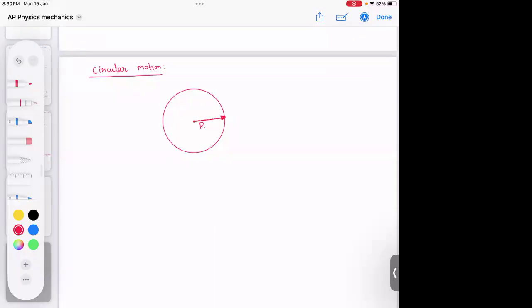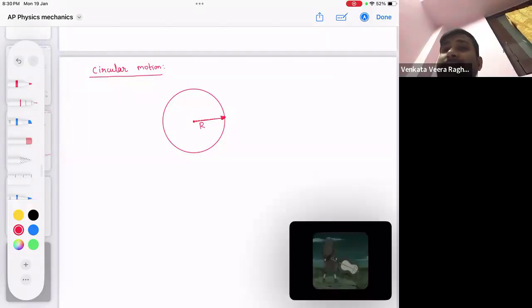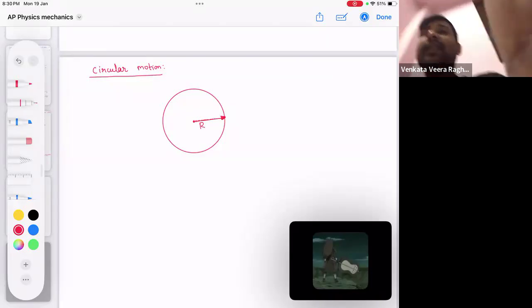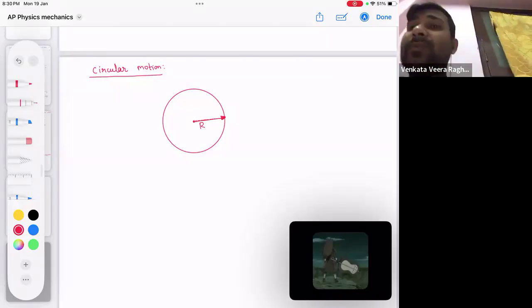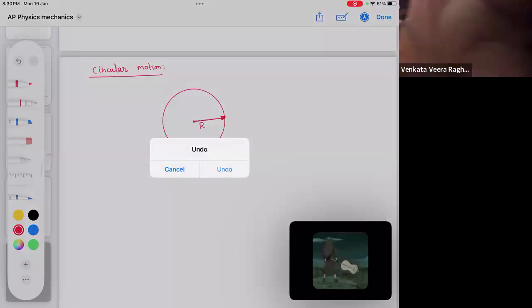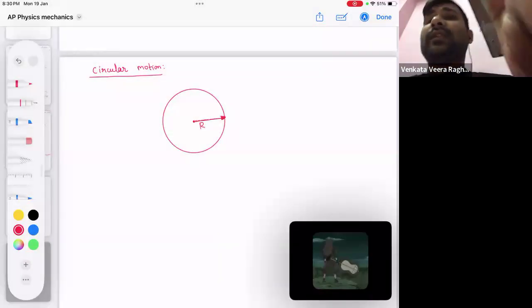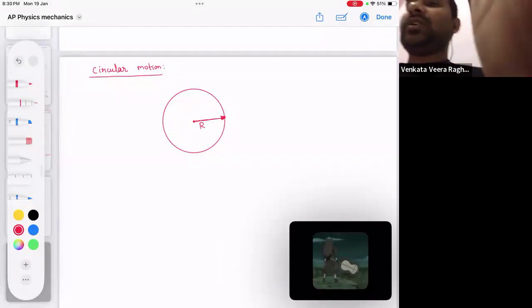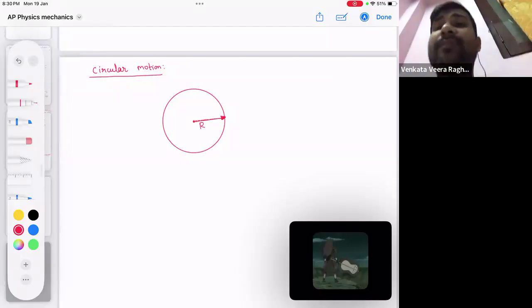Speed and velocity are two different things, isn't it? So in a circular motion, it is possible to have a speed-constant type of circular motion. But it is never possible to keep the velocity constant in a circular motion. So in a circular motion, only the speed can be kept constant.